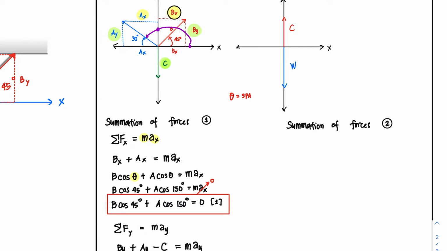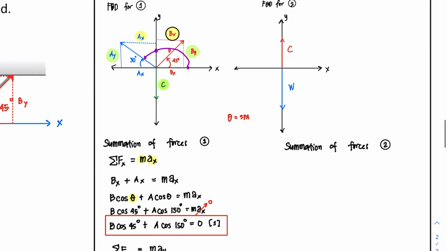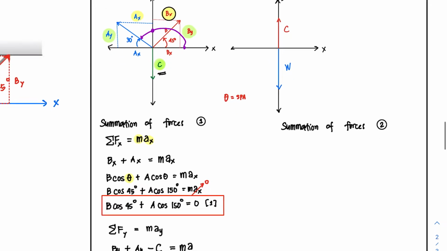We only disregard the direction of the force when we are dealing with vectors that have components, that is, vector B and vector A. But for forces with no components along both x and y, for example C in this case, we take the appropriate direction, which is downward or negative, just to avoid confusion on your part.